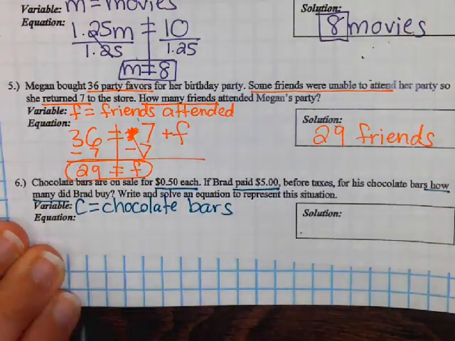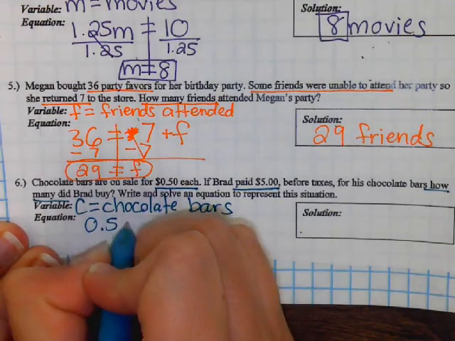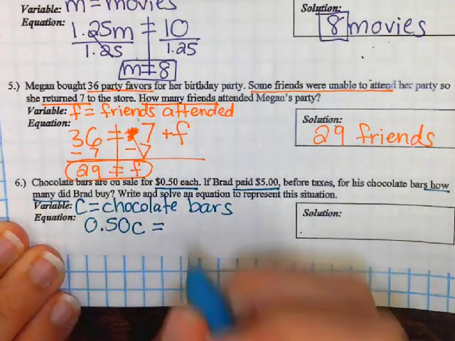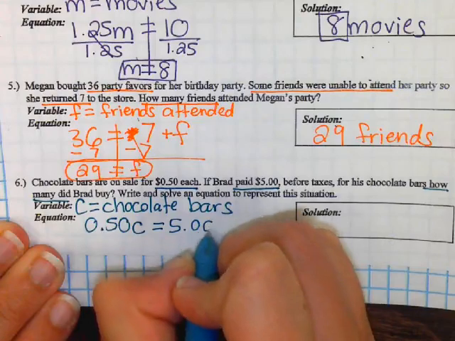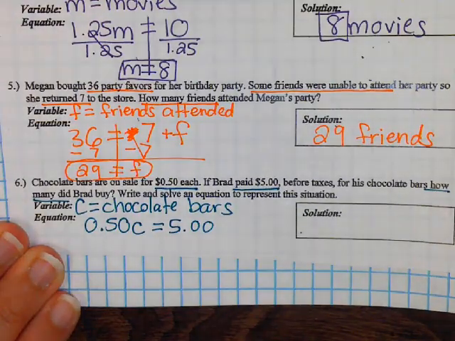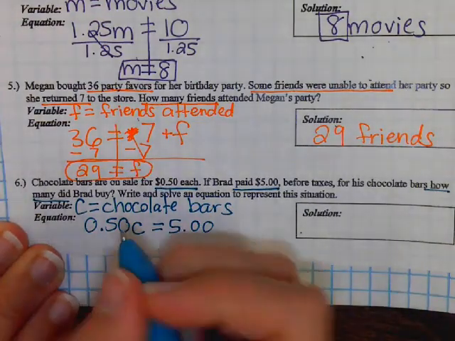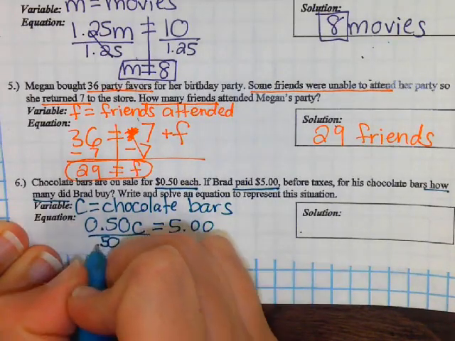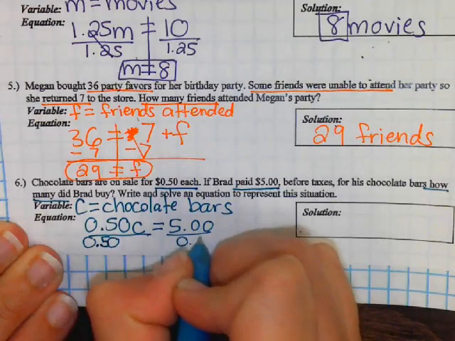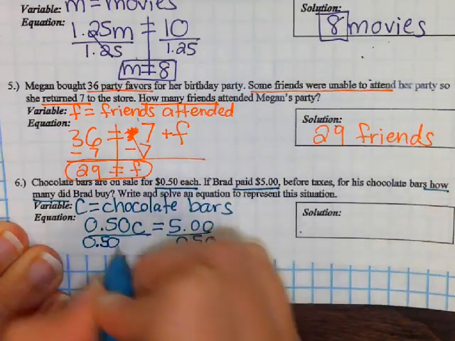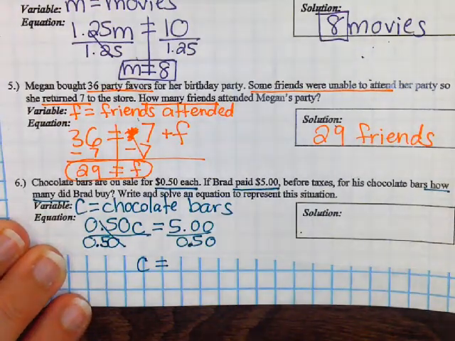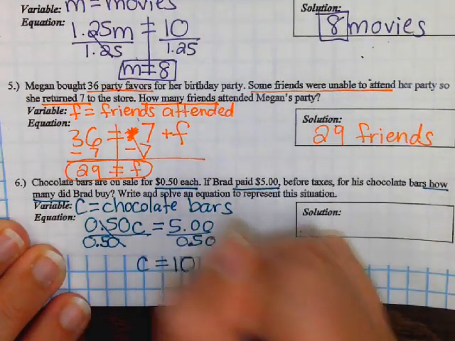So you're going to multiply 50 cents times C, which is the chocolate bars, and that needs to equal the $5 that you paid. I'm going to divide both sides by my 50 cents. And I get my chocolate bars should be 10.